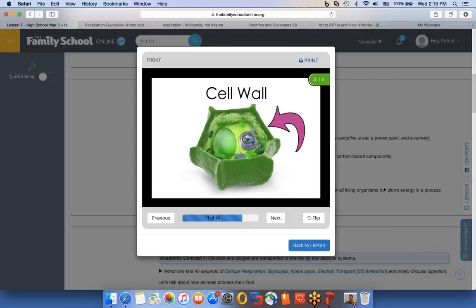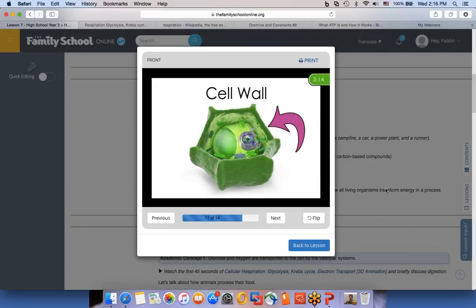But fungi, bacteria, archaea, they all have cell walls, okay? So it really kind of depends. It's a little iffy. There are some cells that you can say are kind of like a cell wall, like the skin cells or the vascular cells that produce blood vessels and so on.